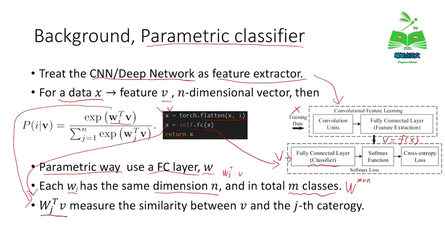It measures the similarity between V and the j-th category, because Wj is the representation, a vector that represents the j-th category. So here, this one is the similarity. It's the inner product. We know it's equal to A times B times cosine of A and B.